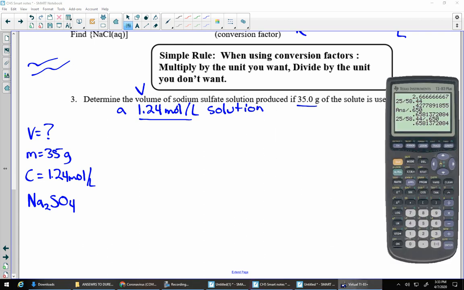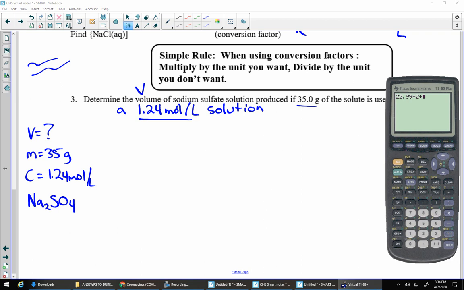Now that we know the formula for Na2SO4, we could go ahead and figure out the molar mass of sodium sulfate. So sodium, when you look at it on your data booklet, and please do look at it in your data booklet, 22.99 grams per mole. But we've got 2 of them, so I'm going to multiply that by 2. I've got one sulfur. I better check sulfur.